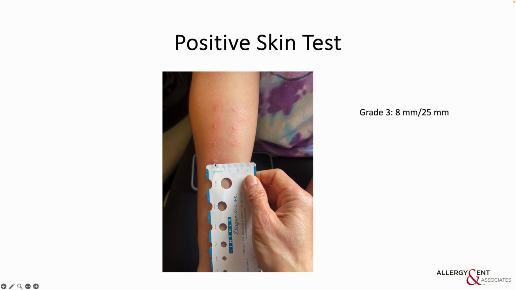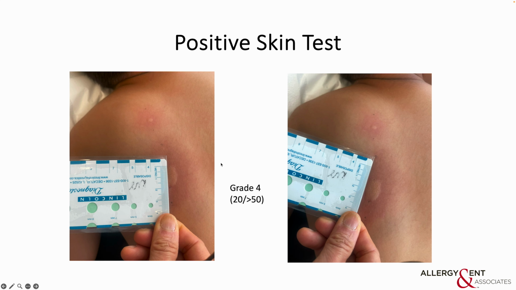When you measure, you have about an 8mm wheal and probably about 25mm redness. So that will be grade 3. Grade 3 has a slight pseudopod, and a grade 4 would be huge. Basically, the wheal has to be equal to or greater than 10mm.